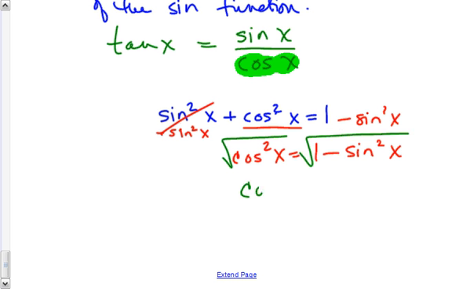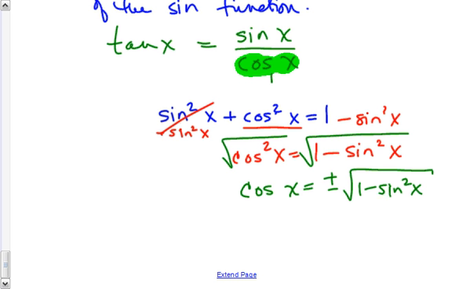So cosine of x is equal to, now when you take the square root, you get plus or minus, right? The square root of 1 minus sine squared of x. Following? Now I have cosine equal to something with only sine in it.